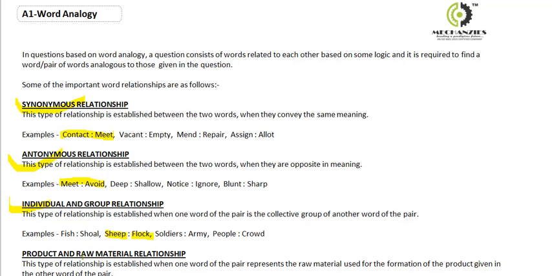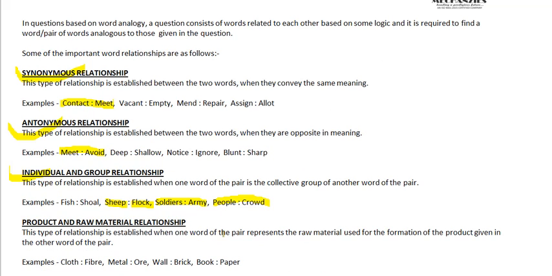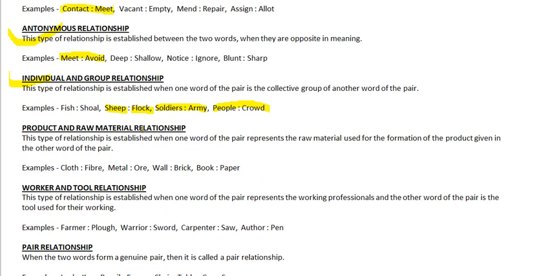That means we have many ships. Similarly, a group of soldiers is called an army, a group of people is called a crowd.